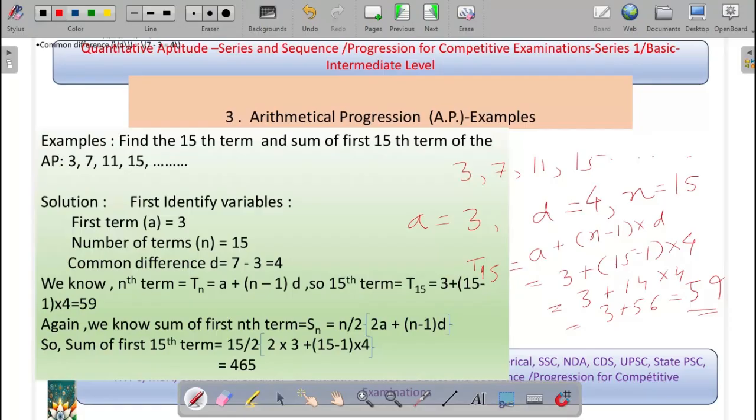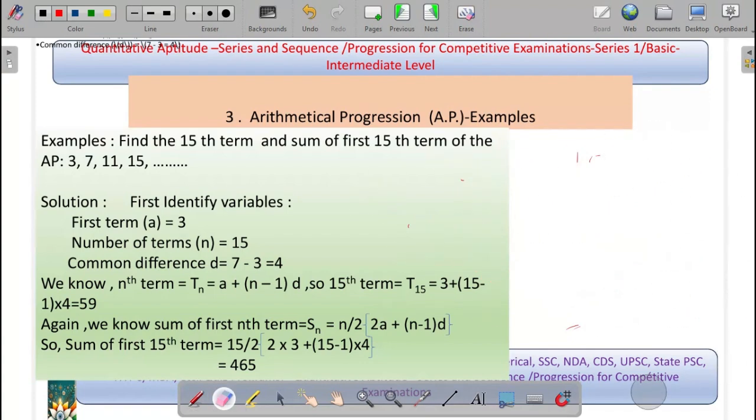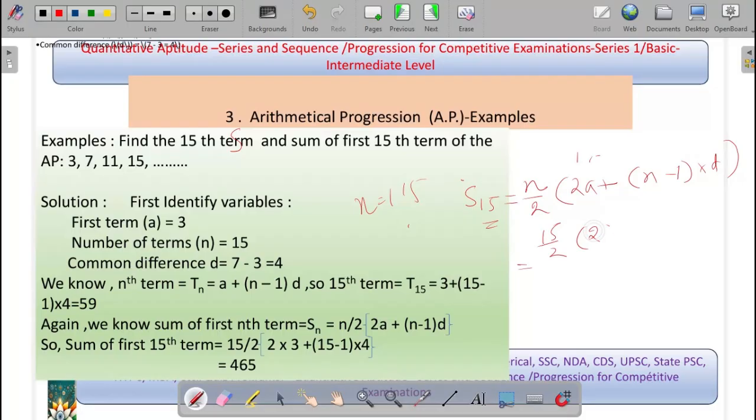So for the first part, the answer is 59. Okay, now the next part we'll see. For the next part, we need the sum up to the 15th term. That means S15 equals n by 2, 2a plus n minus 1 into d. We have to find this sum up to the 15th term. So n equal to 15. What is a? a equal to 3.